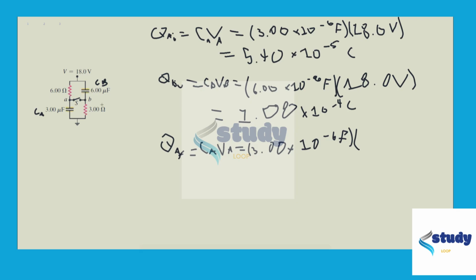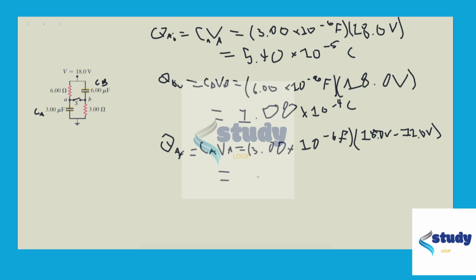So the voltage across this capacitor is going to be 18.0 volts minus 12 volts, the voltage drop across this resistor, which is just 6 volts.